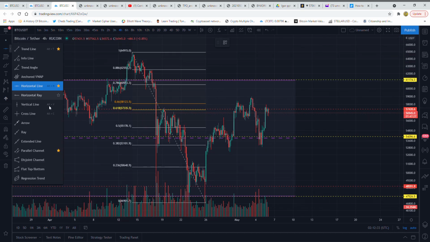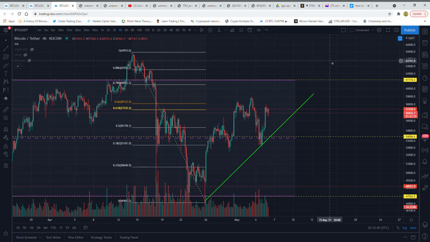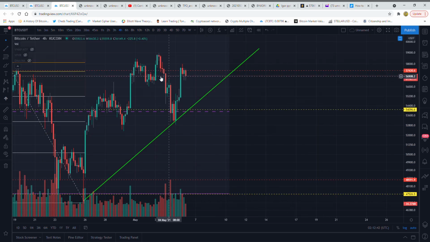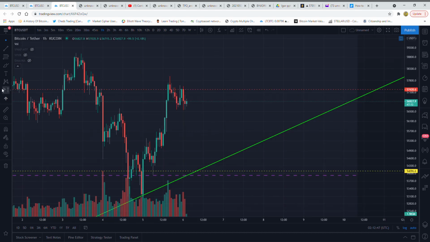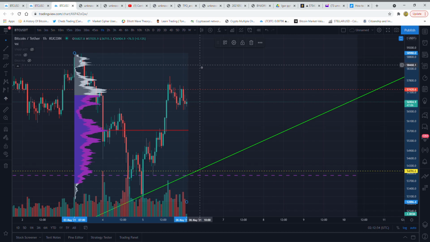So I can use another trend line. From the high to the moment that we have right now, volume area high here, volume area low here, point of control around here.